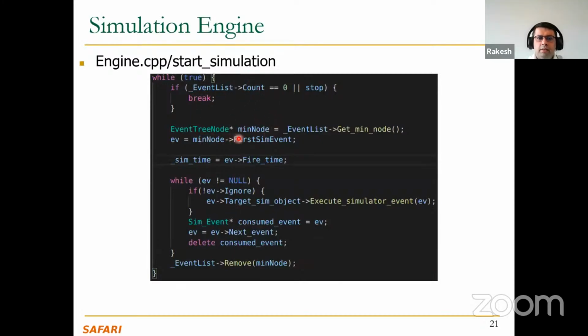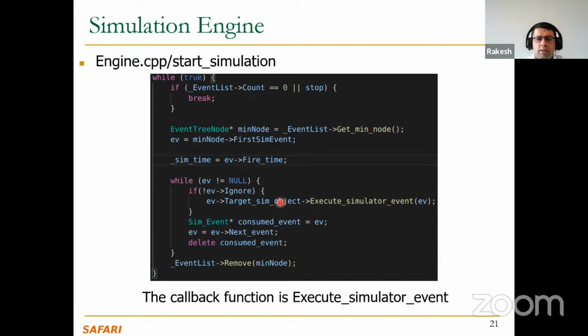So for example, let's look at start simulation. Start simulation basically looks at the event tree, or the RB tree. Here the event tree node is the RB tree node, and it gets the node with the minimum timestamp, and then it has to fire the callback. Here the callback is the execute simulator event, and this callback will be triggered when the timestamp is reached by the simulation.